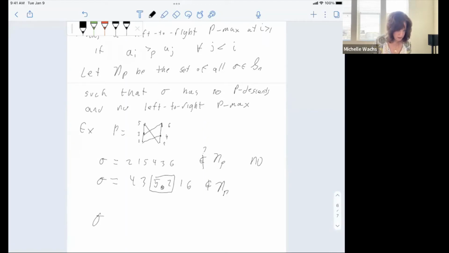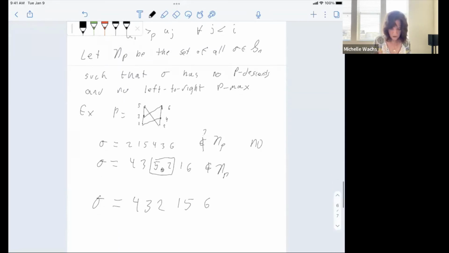Here's one that does. All the descents that you see are not P descents. That's not a P descent, not a P descent, and that's not a P descent. And there's every left to right maximum, 5 is, but it's not a left to right P maximum because 5 is not bigger than 4.